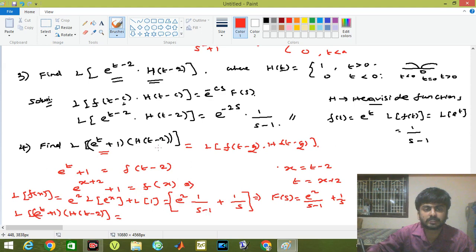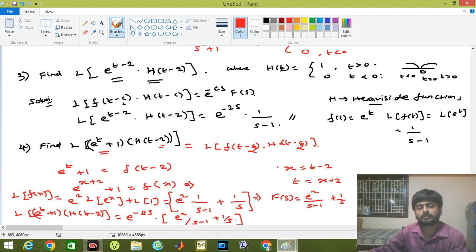What is c here? c is 2. So our result is e power of minus 2s into e square divided by s minus 1 plus 1 by s. So this is the final result.